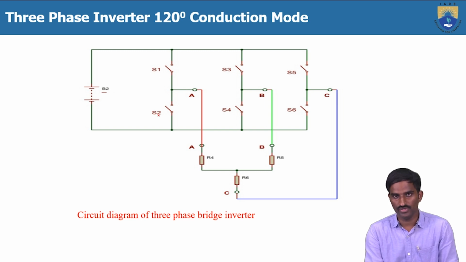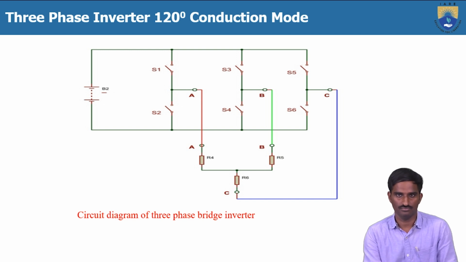But the only difference is that in 180 degree mode of conduction, the S1 conduction period is 180 degrees, but here every switch conduction period is 120 degrees only. So from 120 to 180 there is no conduction, and after 180 degrees only S2 will start conducting. So here also the conduction difference between S1 and S2 is 180 only, but the conduction period is 120 for every switch.